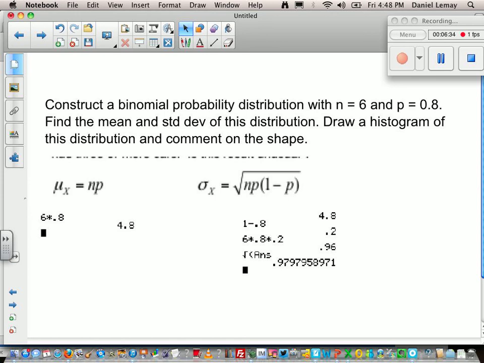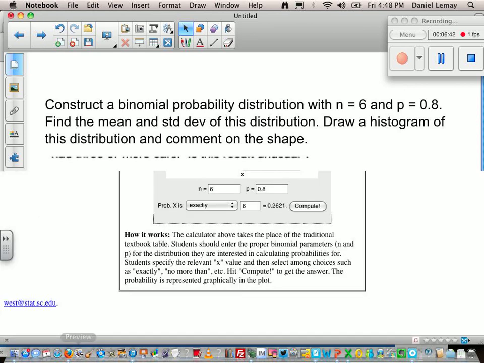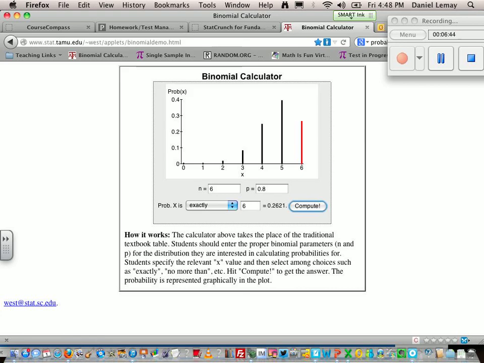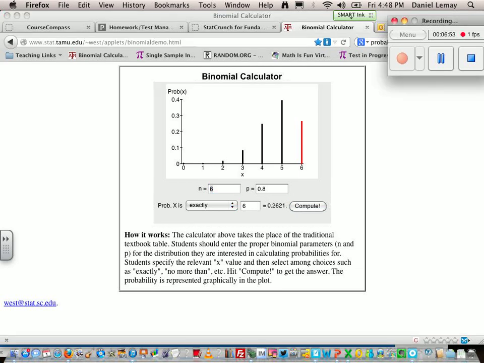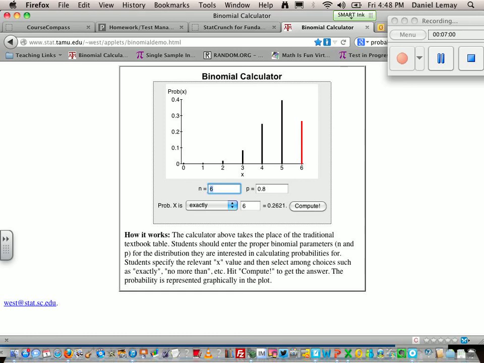And then the very last thing we have to do is comment on the shape of this distribution. If we go back to that web page, that looks left skewed, I said. Well, what happens if we increase the number of trials? What if I jump to 10? Does it still look left skewed? Well, not quite so much.